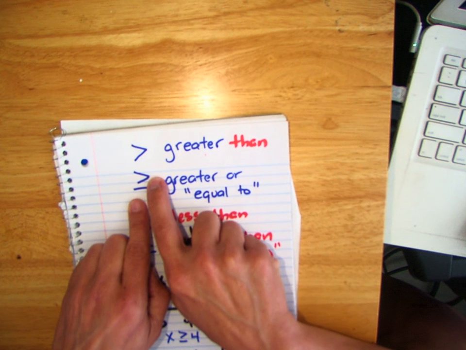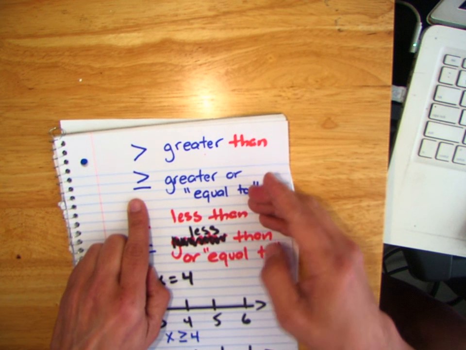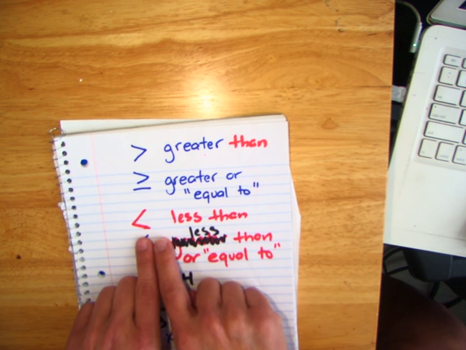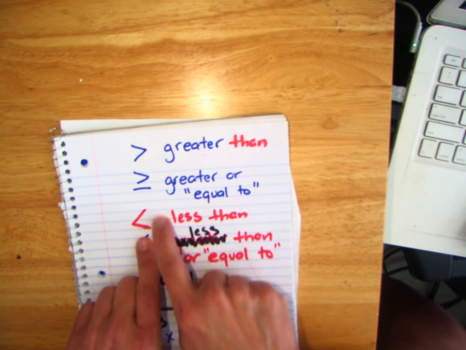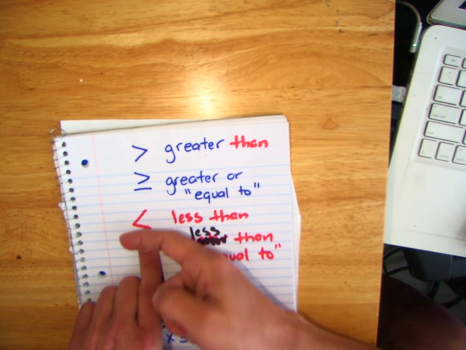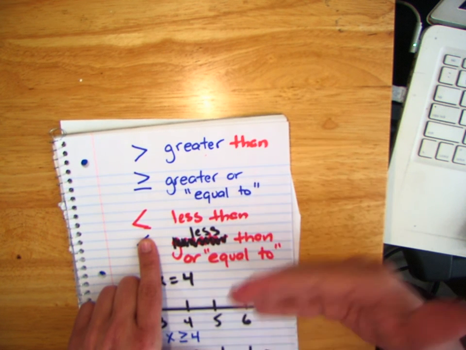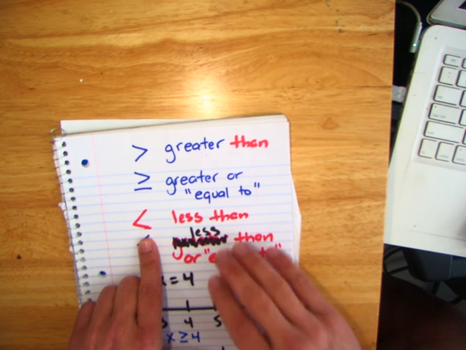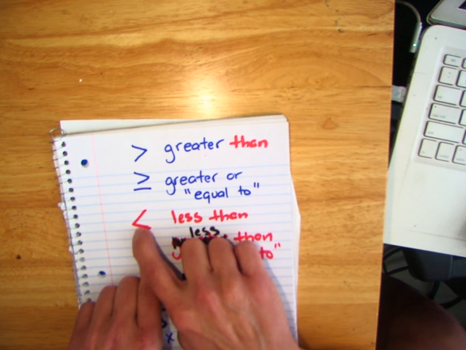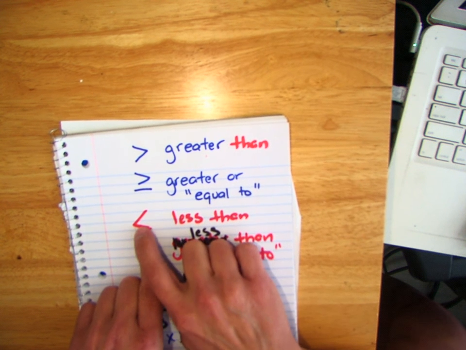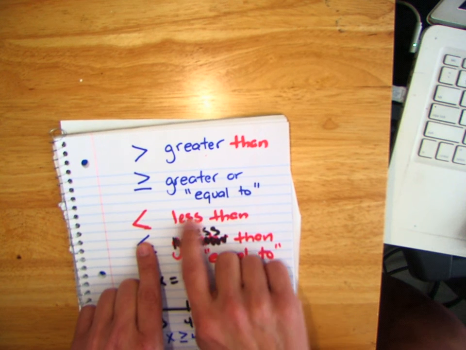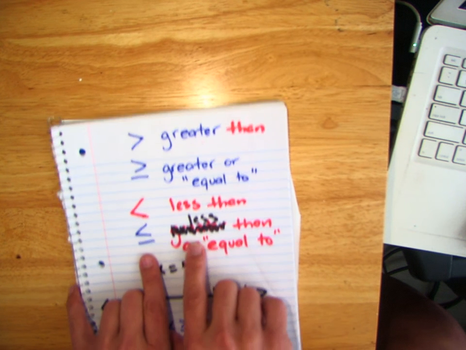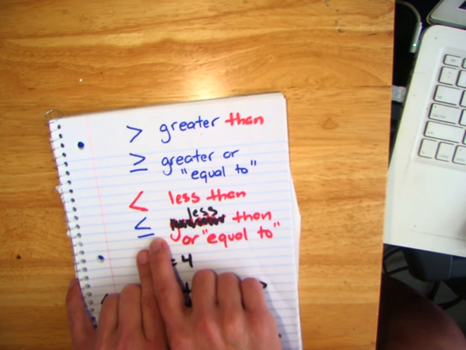This inequality is called less than because it's pointing to the left. And there's far less students who write with their left. So there's less, okay? And then this one is called less than or equal to.